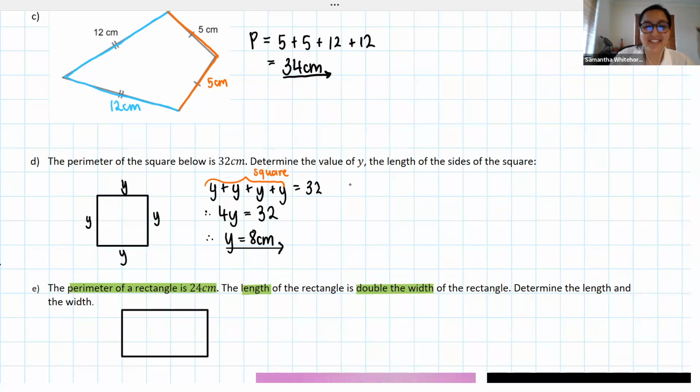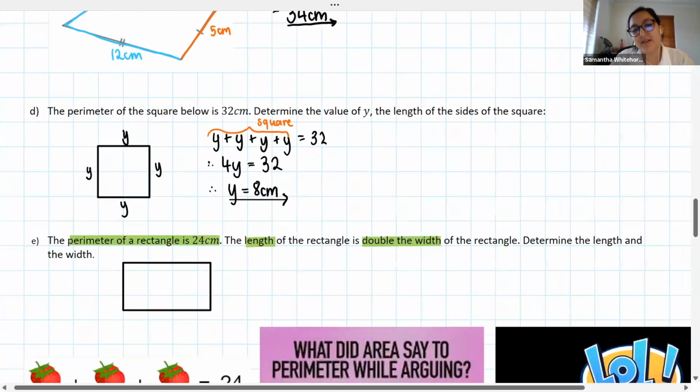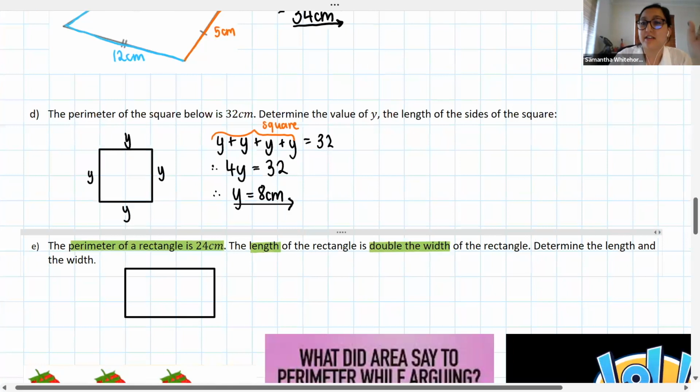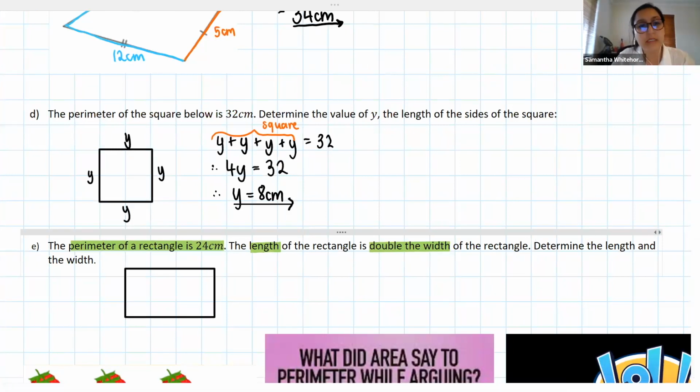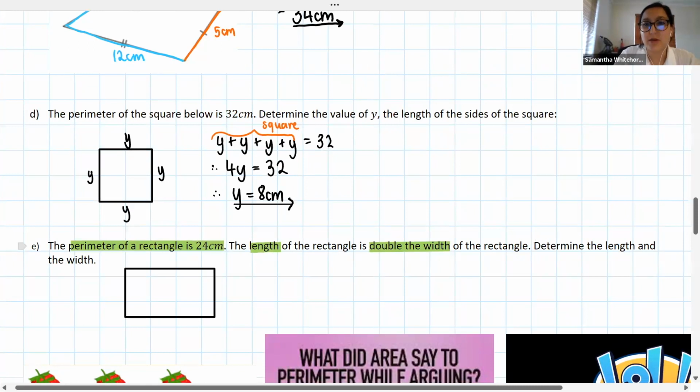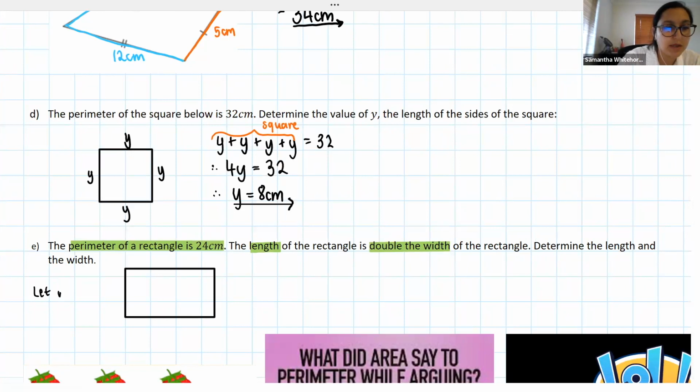Okay, guys, let's have a see. So I've drawn my rectangle, and like I say, it's so useful just to draw a rough sketch for yourself. It says that the length is double the width. So I'm going to say let my width be X centimeters. I'm not going to write the centimeters there.